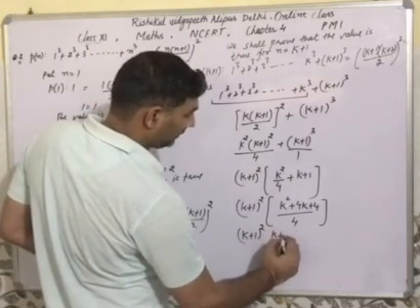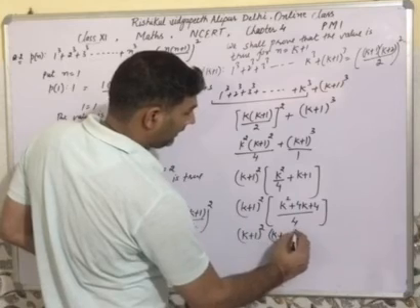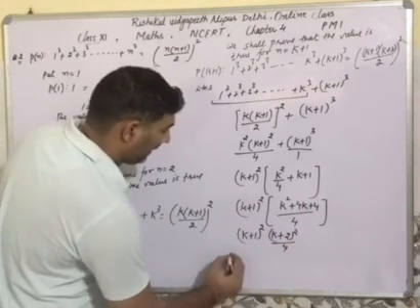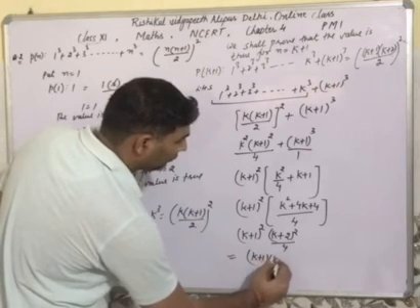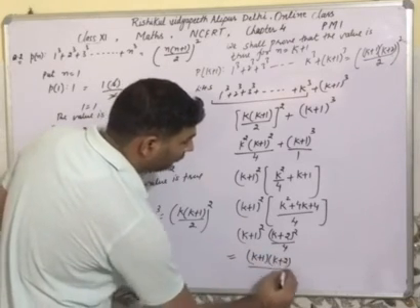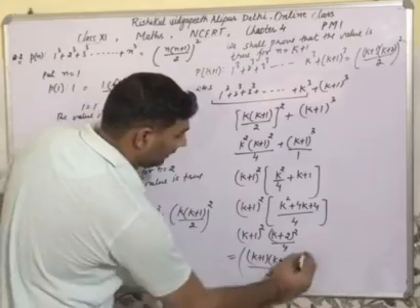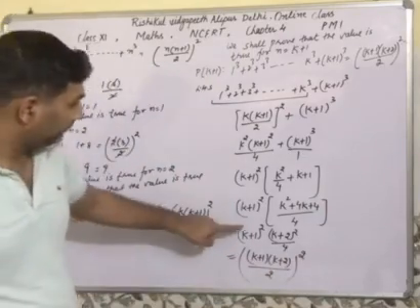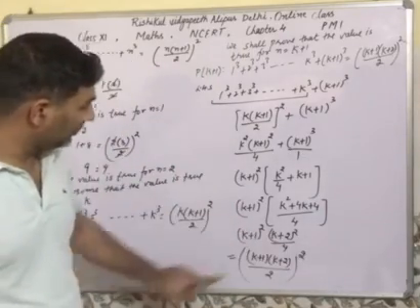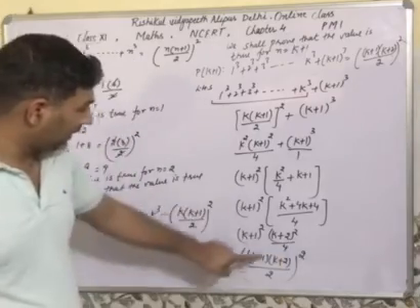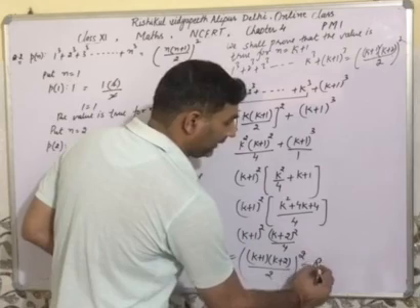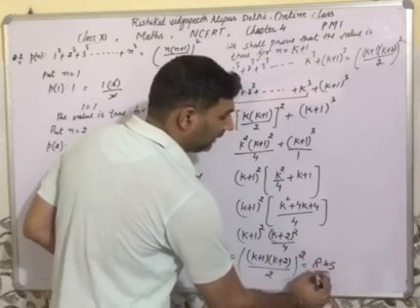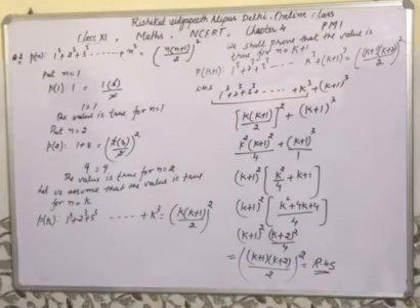K plus 2 whole square by 4, and we can say that this k plus 1, k plus 2 upon 2 and their whole square is the term. This k plus 1 whole square, this k plus 2 whole square, and this 4 is 2 square is equal to RHS. Then therefore Pk is true.